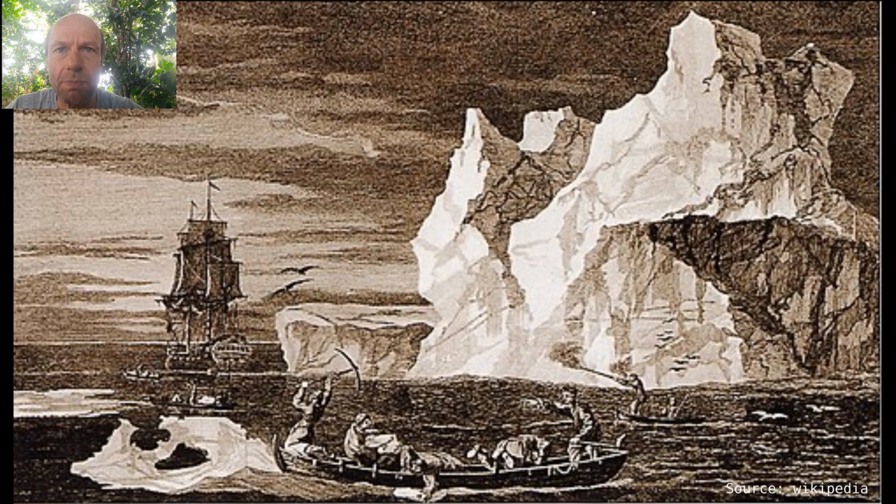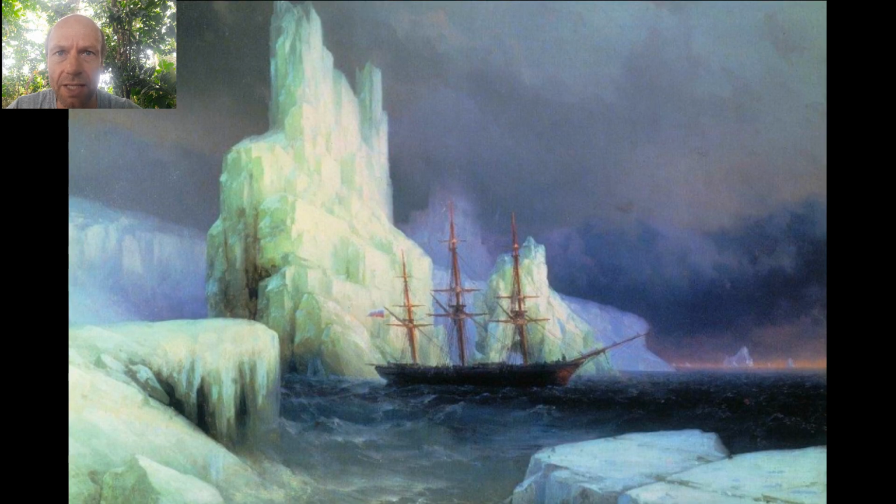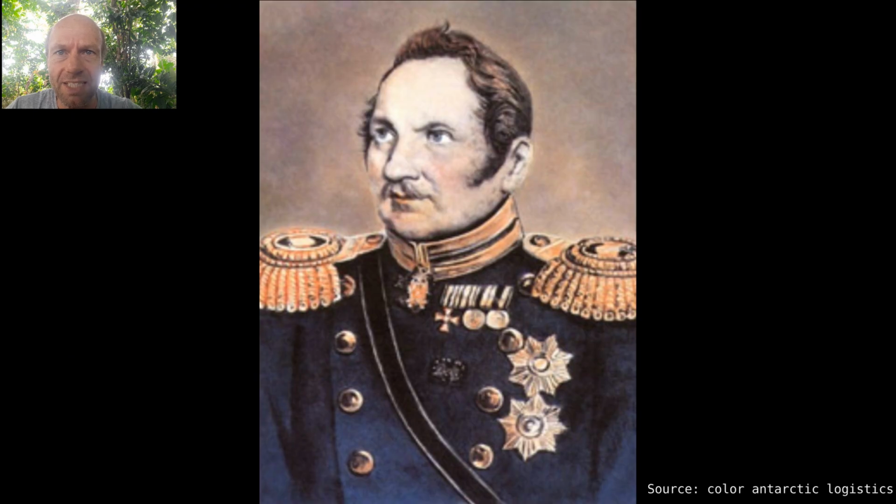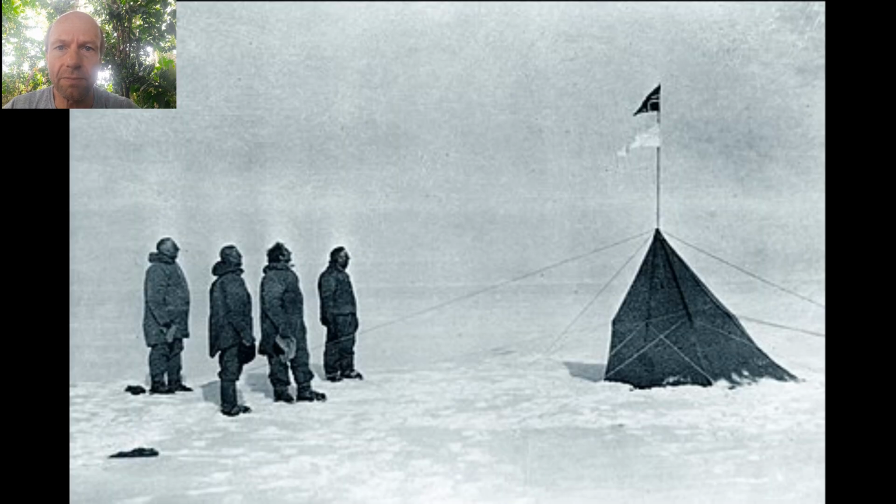Captain James Cook became in January 1773 the first recorded European navigator to cross the Antarctic Circle. In January 1820, Antarctica was first sighted by European explorers. Thaddeus von Bellingshausen reported seeing an ice shore of extreme height during a Russian expedition to the Antarctic.